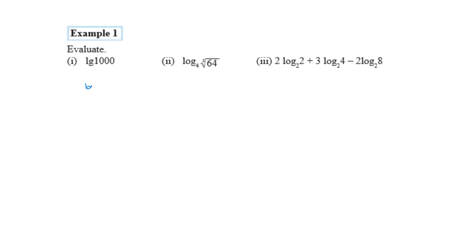This one, lg 1000, you can write 10 to the power 3. So you can write 3 lg 10. So you know lg 10, that is equal to 1. That means 3 times 1 equal to 3 is your answer.